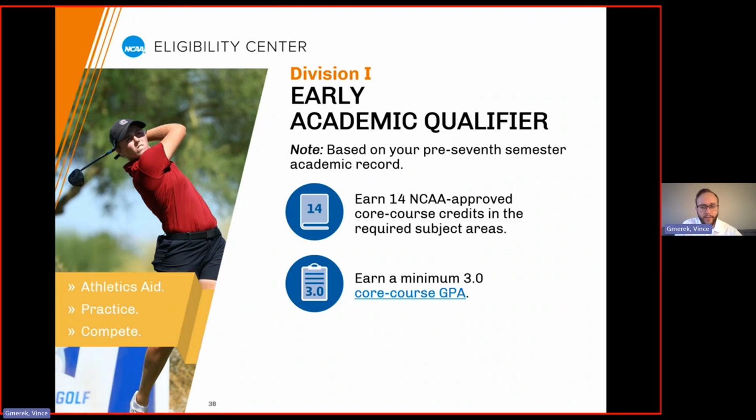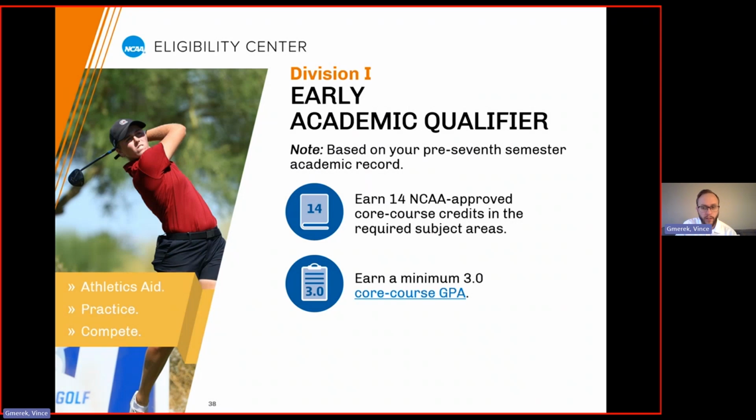Now, what pre-7th semester academic record means is that for your first 3 years, from years 9 and up, we will review for early academic qualifiers. And if you earn 14 core courses in the correct subjects and have a 3.0 GPA, at that point you would be an early academic qualifier and you would not have to meet the normal full qualifier requirements.